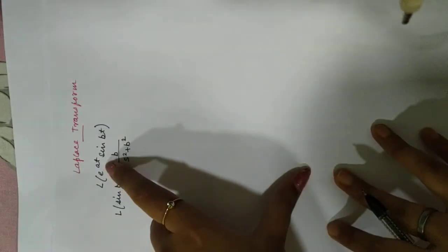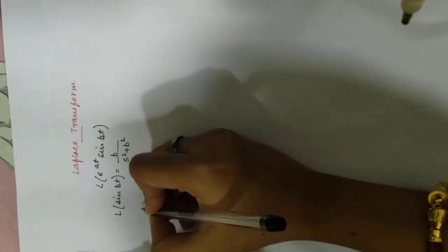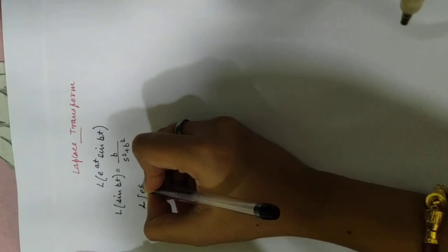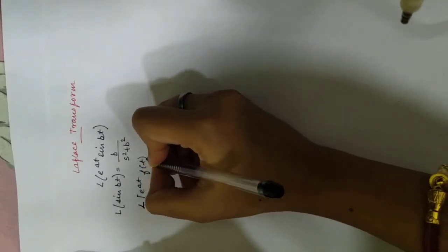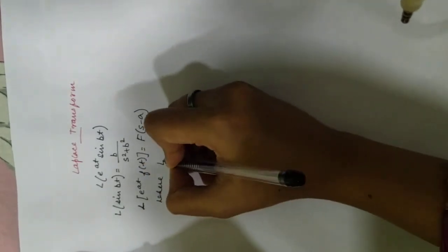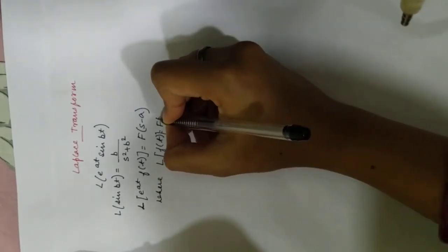And also we have seen that whenever a function is multiplied by an exponential e to the power at factor, all that happens is the Laplace transform gets shifted, from the shifting theorem, right? What I mean to say is, we had derived in the last class that the Laplace transform of e to the power at f t is equal to F of s - where the Laplace transform of f t is equal to F of s, right?